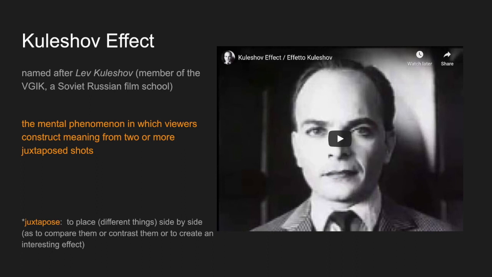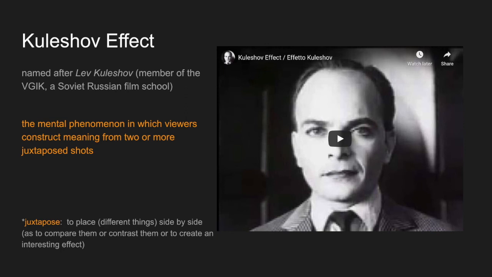And then, of course, it changed when they saw the man's face after the woman lying on the couch, saying, oh, he's feeling a bit turned on, a bit aroused. It didn't matter that the man's face, his expression never changed. What they were doing was essentially combining those two images into a coherent story. And that's known as the Kuleshov effect.